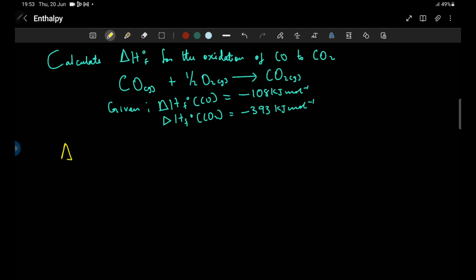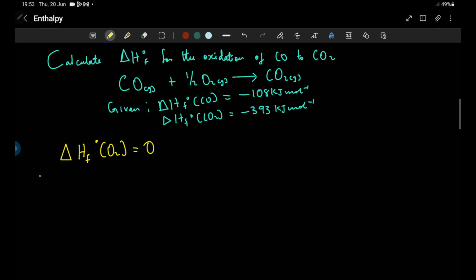First things first, we know that the heat of formation for oxygen equals 0. So in the ground state, it equals 0.